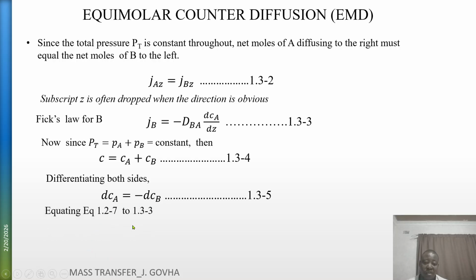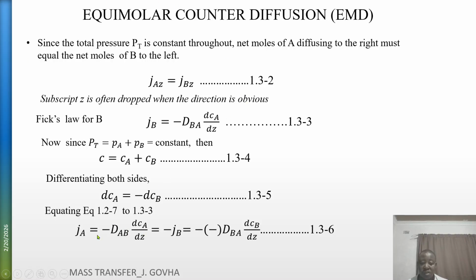Then from equations 1.27 to 1.33, we have JA is equal to minus JB as indicated by equation 1.36. So this minus and the minus for the JB becomes a positive.